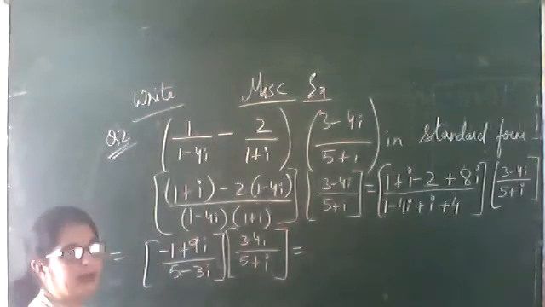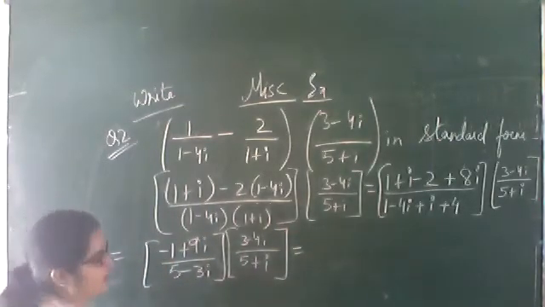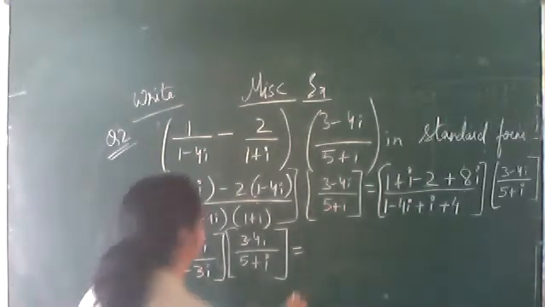Clear? Now multiply them. Again you just see, a minus b, a plus b form is not there. So you have to do multiplication as it is.